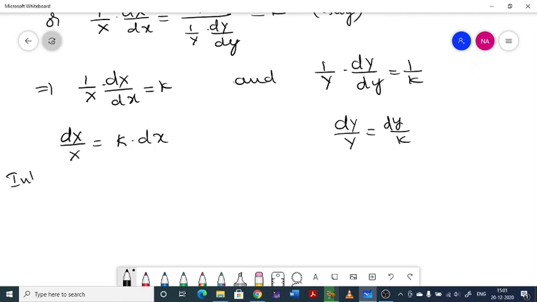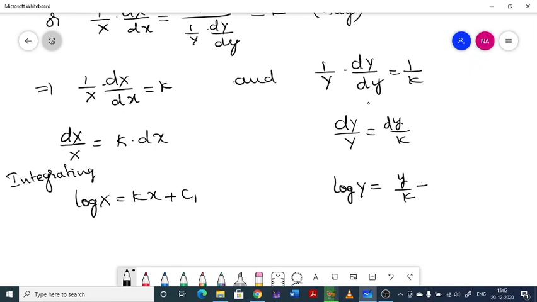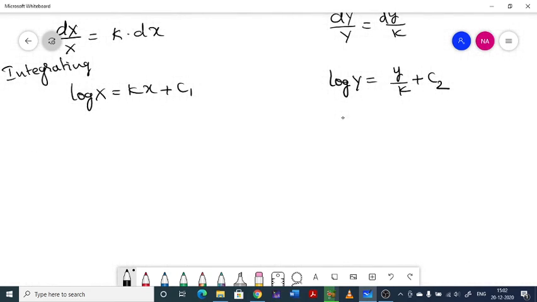Integrating, so I'll get log capital X equal to kx plus c1. Here integrating, log capital Y equal to y by k plus c2. So here taking exponential on both sides, X equal to e power kx plus c1.